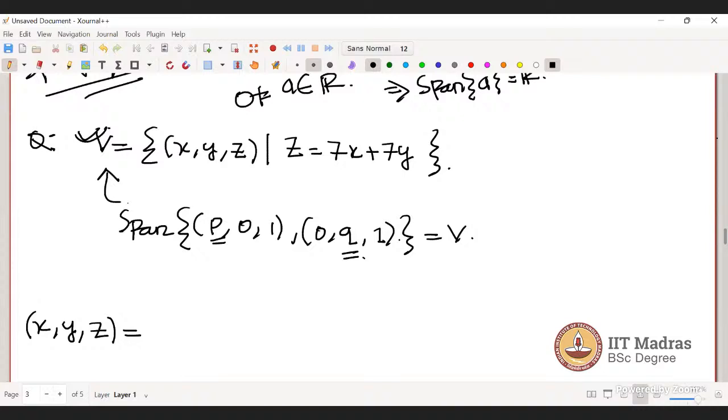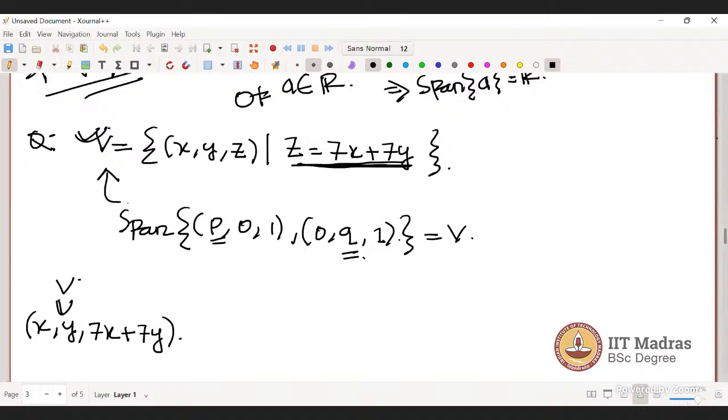So from the condition, I can replace Z with something else, right? Because there is a relation between Z and X, Y. So if I pick an element of my vector space V, it should be in this form, (x, y, 7x+7y), right?